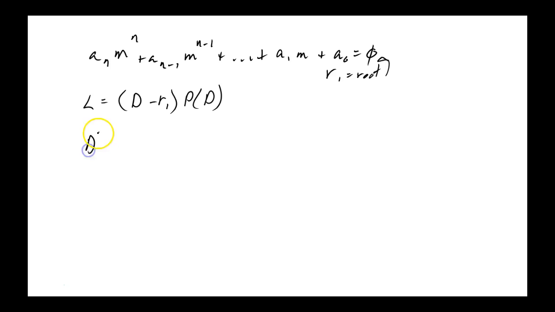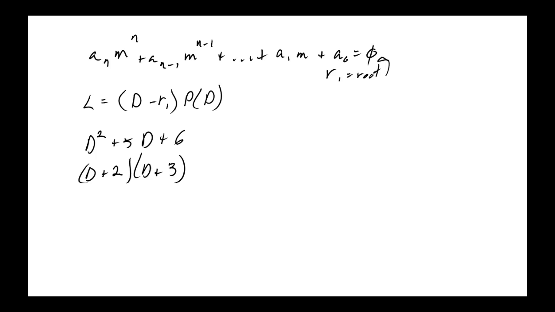So if that was D^2 plus 5D plus 6 operating on some function y, then we can say that's the same as D plus 2 times D plus 3, okay? Because that's how that would factor.